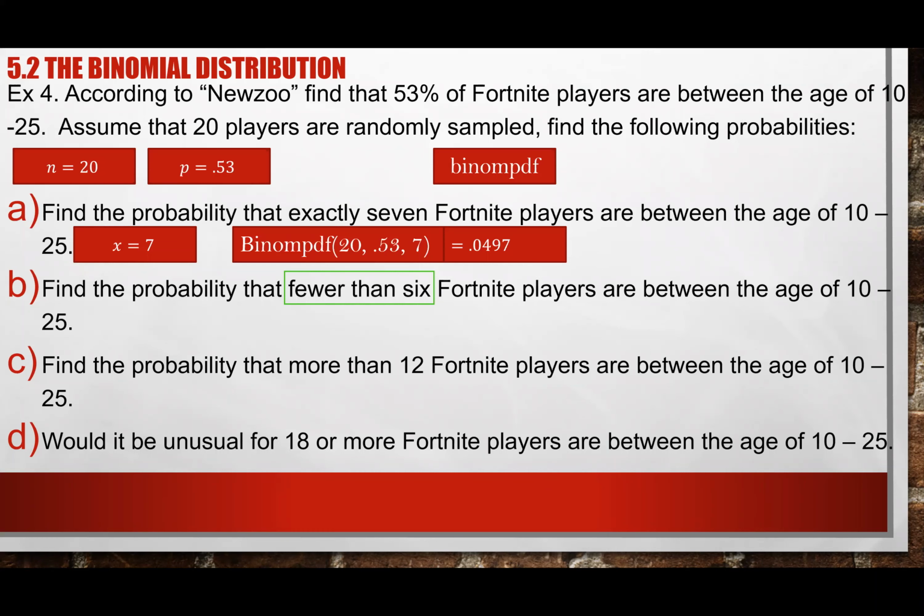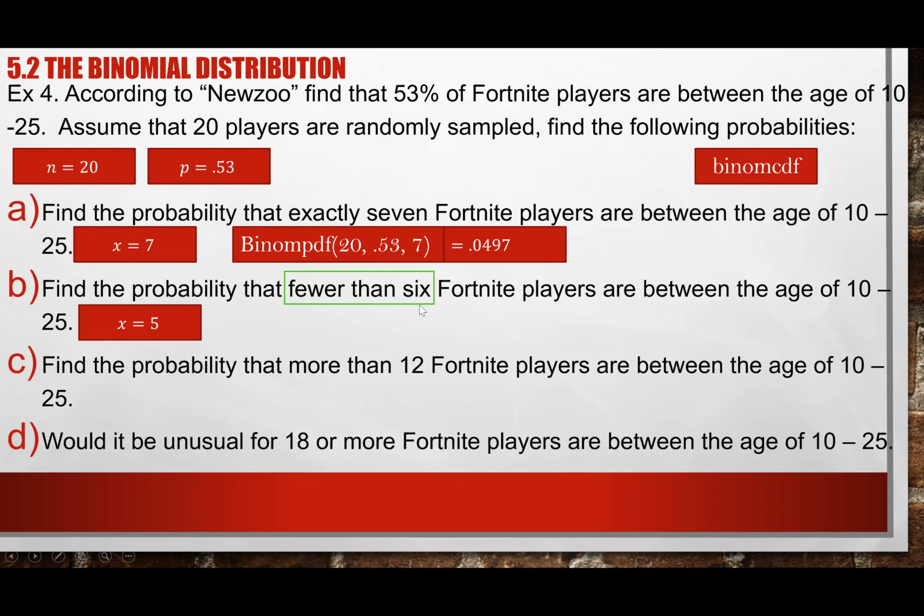Reminder, fewer than 6, we are not including 6. If you remember the flow chart, for fewer than 6, the X value is 1 number less than the value they give us. The X is 1 value less than 6, so X is 5.